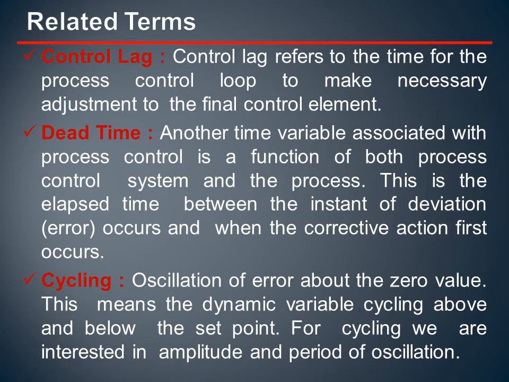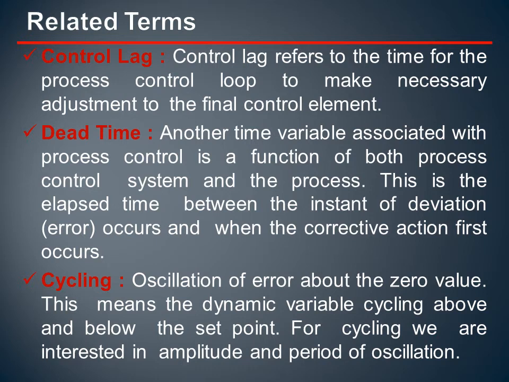Dead time. Another time variable associated with process control is a function of both the process control system and the process itself. This is the elapsed time between the instant of deviation, that is nothing but error, and when the corrective action first occurs.